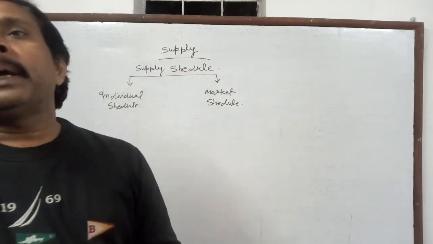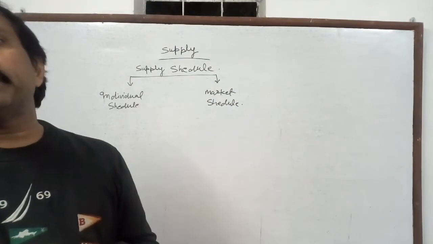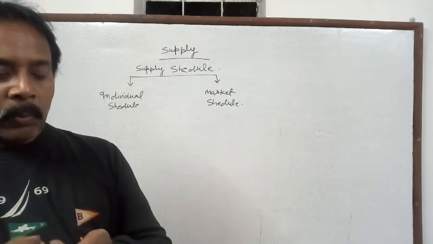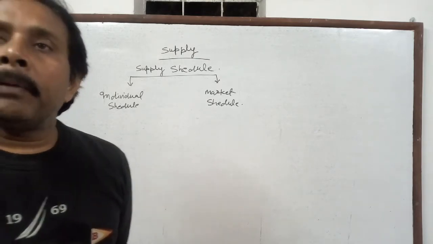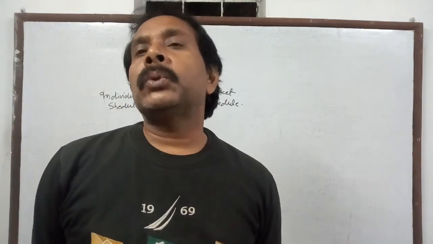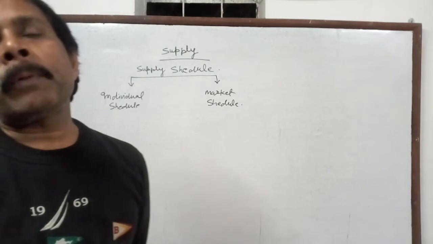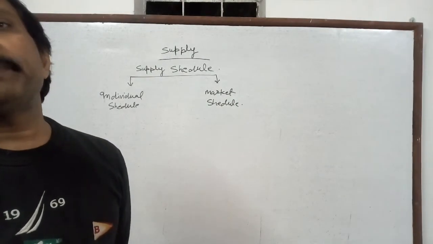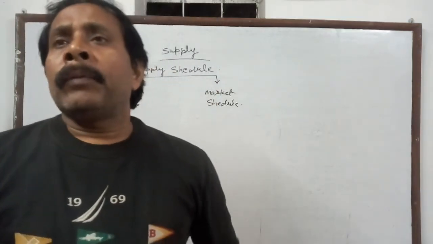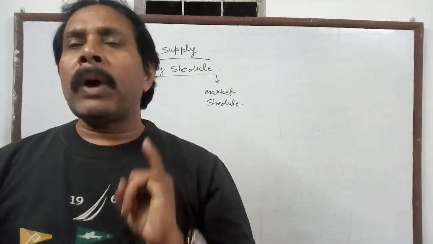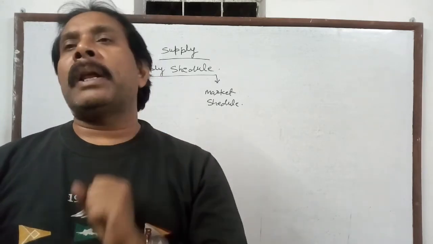supply schedule is a tabular statement which shows the various quantities of a commodity that a particular firm or the producer is willing to sell at various levels of price during a given period of time. So here there are four main elements. Point number one, it is the tabular statement.